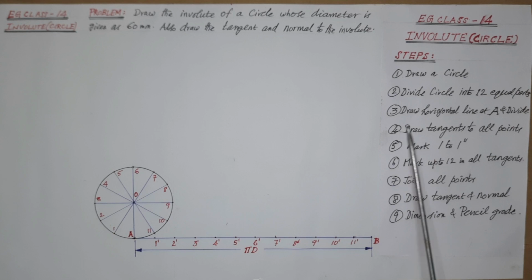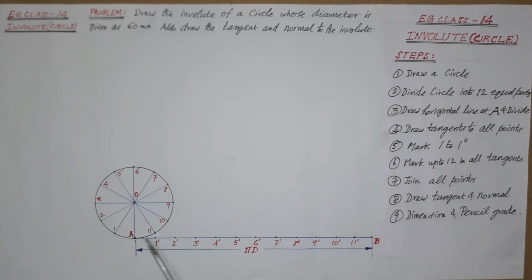As per step 3, draw a horizontal line at A and divide. So, this 12 circular length should be converted into a horizontal line using the circumference of the circle formula, and hence draw a line starting from A as shown.